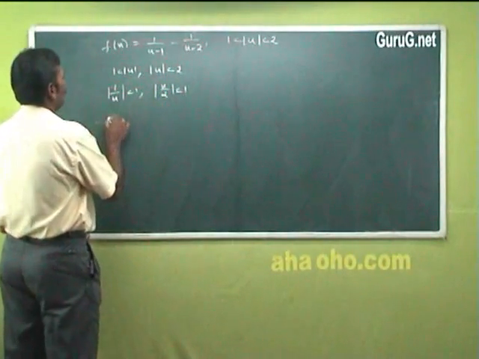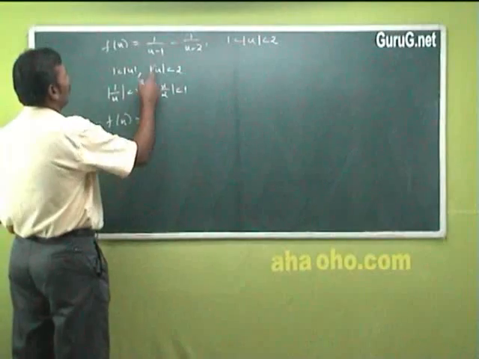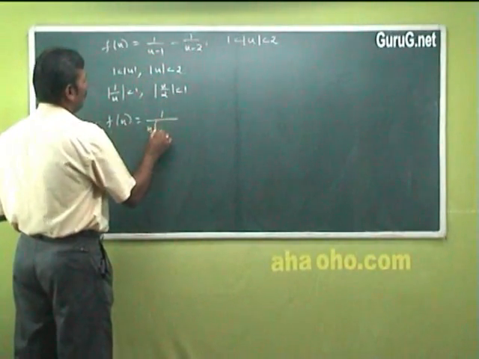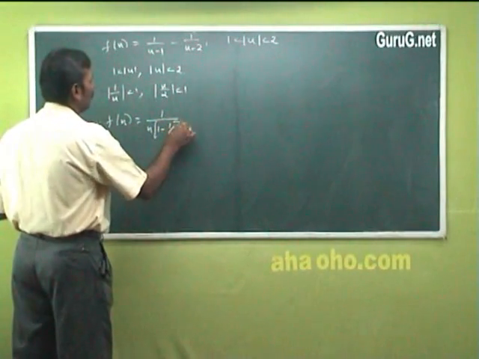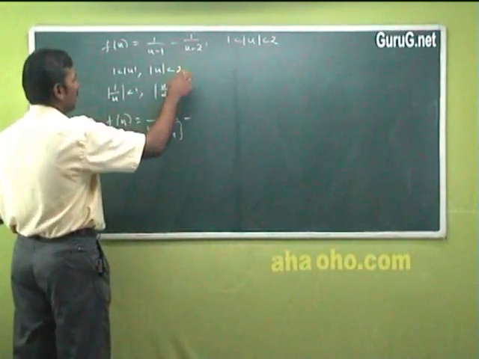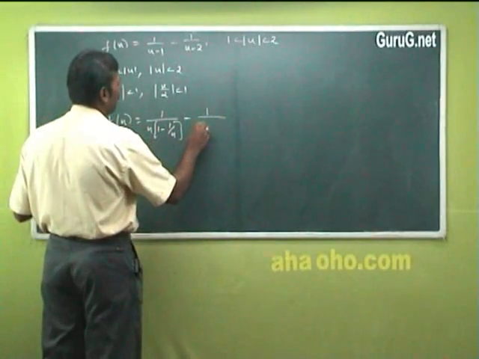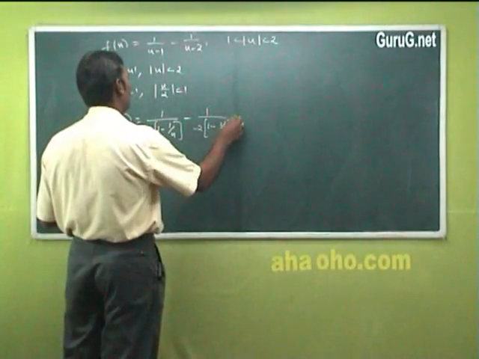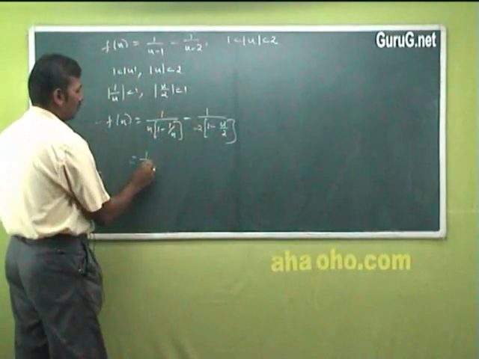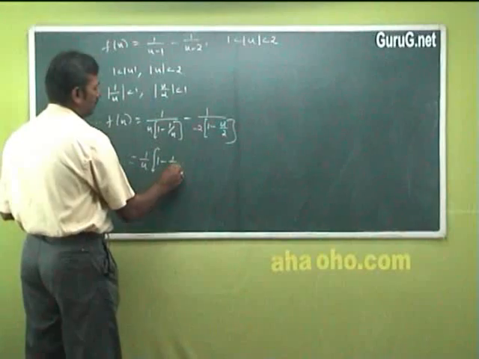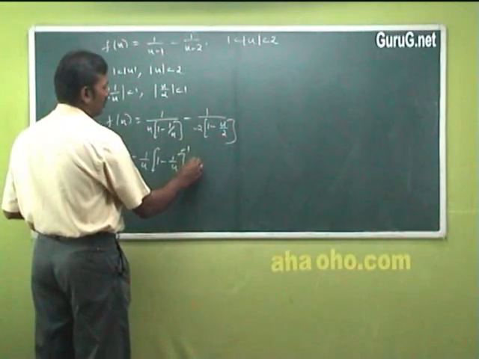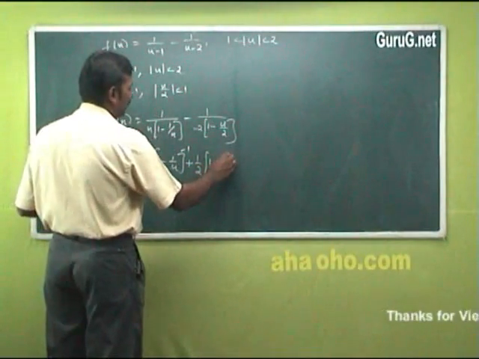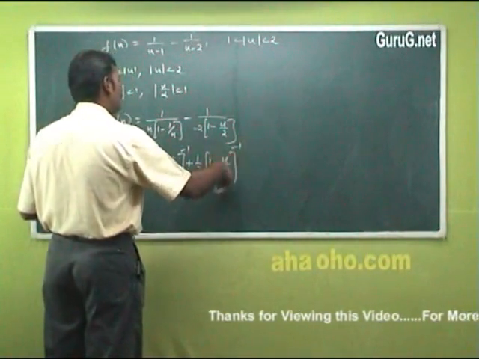So therefore f of u equal to 1 by u, you can take u outside in this. So 1 minus 1 by u, minus, here you can take minus 2 outside, 1 minus u by 2. Right? So 1 by u into 1 minus 1 by u whole to the power minus 1, so minus minus plus 1 by 2 into 1 minus u by 2 whole to the power minus 1.